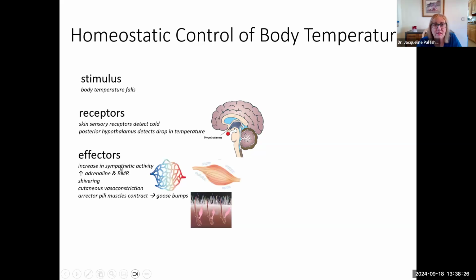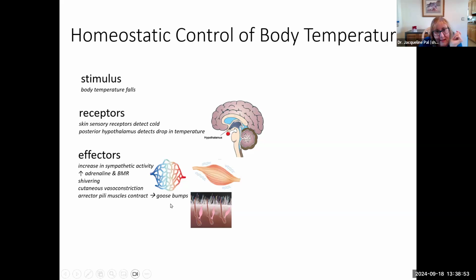So our effectors now, we've got effectors all over our body. In our skin, we are going to constrict blood vessels. Okay, so we can't lose temperature. We are going to cause skeletal muscle to start contracting. We are going to start shivering. What is that shivering going to do? It's going to start generating heat. Our basal metabolic rate is going to be going up.